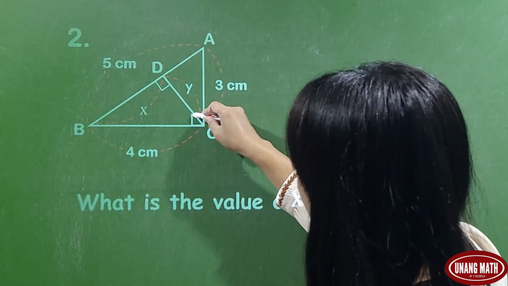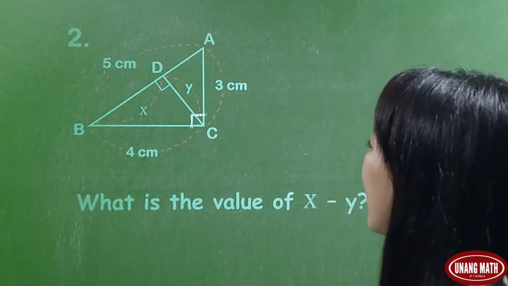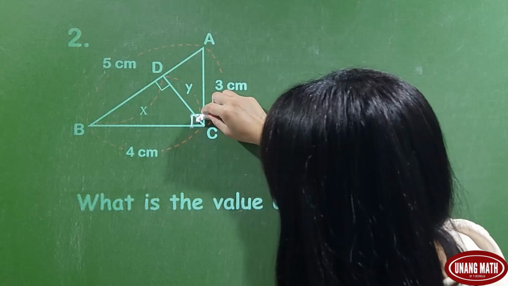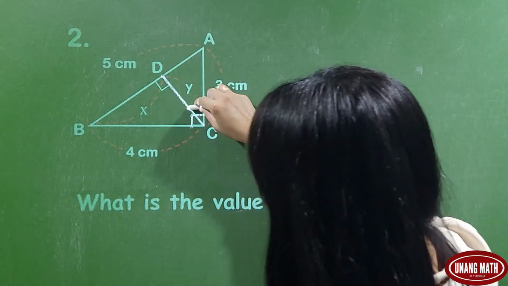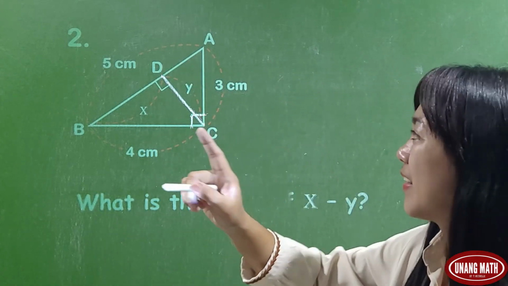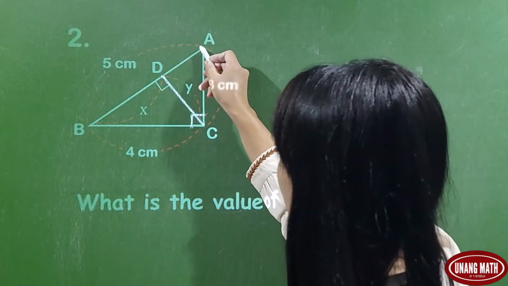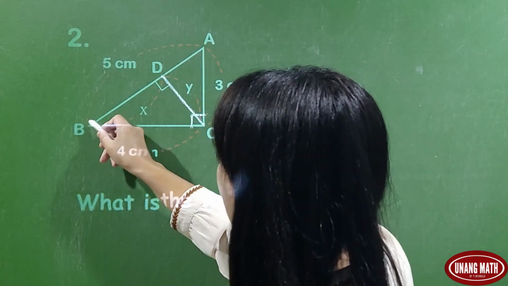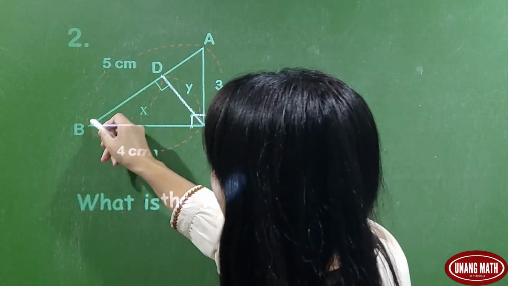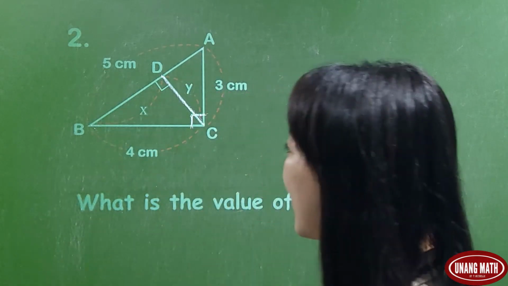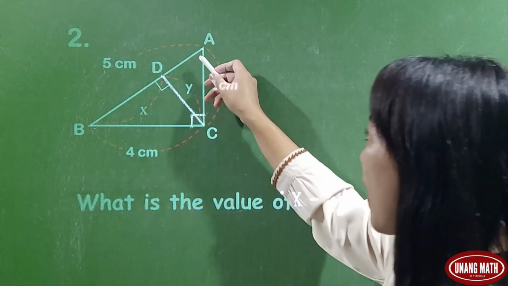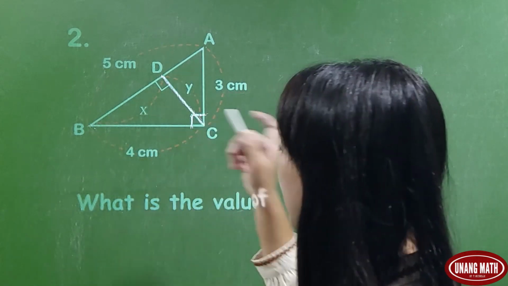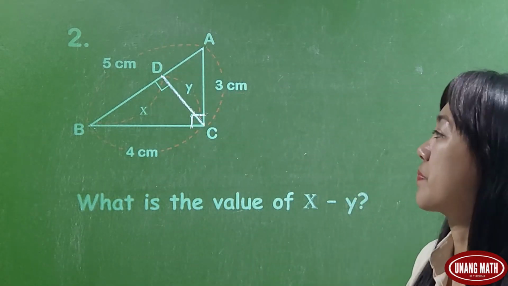So this is our right angle. And this line is the height of this right triangle, indicated that our base is this segment AB, or this is the hypotenuse of this right triangle.